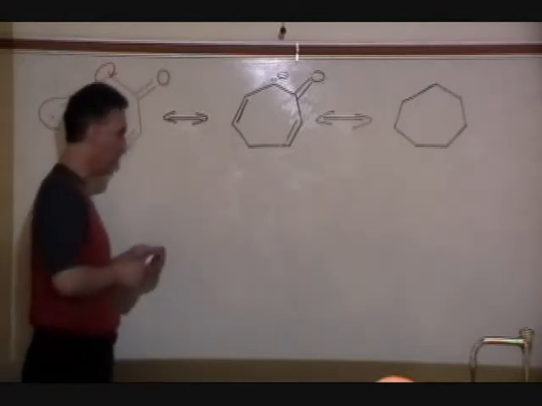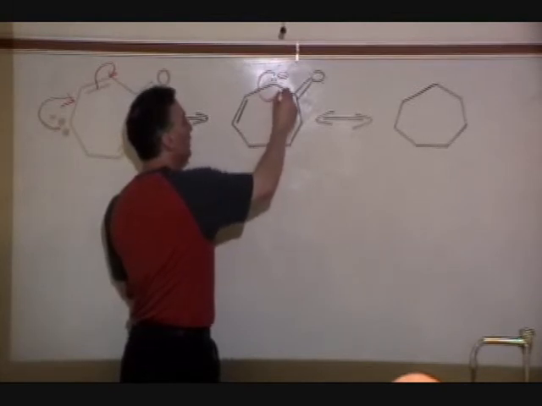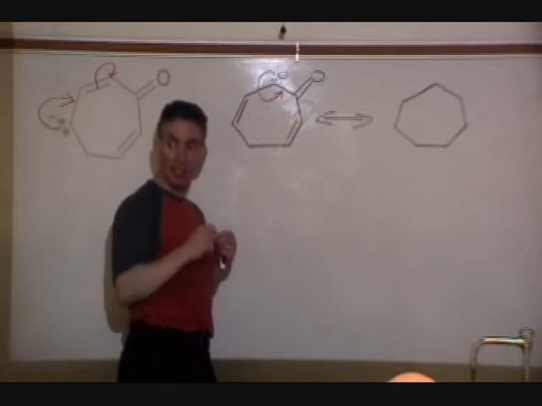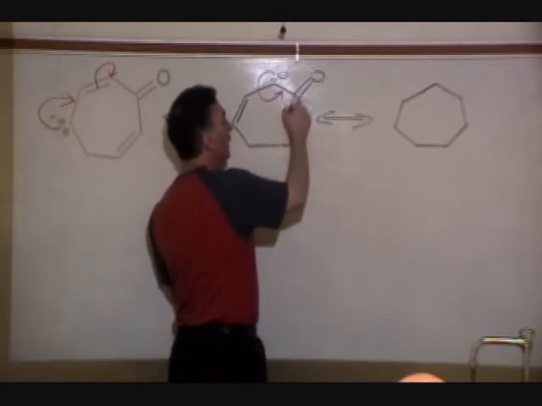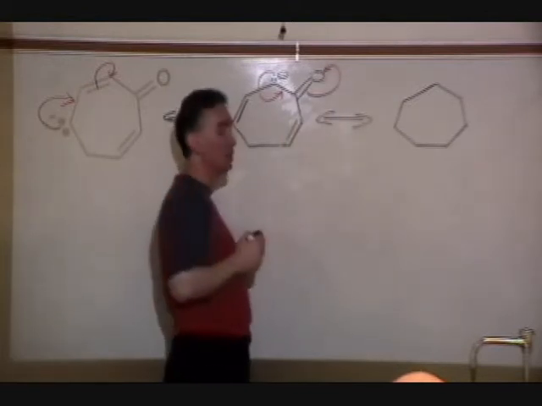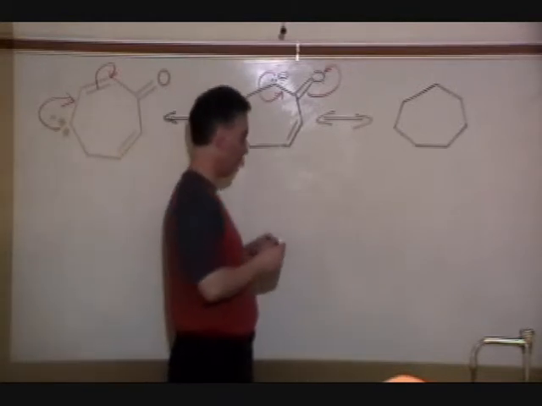Next one, again, that hot potato moving around. One pair of electrons will become a new pi bond. It has to be with an atom that the carbon's already connected to. It comes in, the octet will be broken there, so that pair of electrons has to move back into being a lone pair on the oxygen.